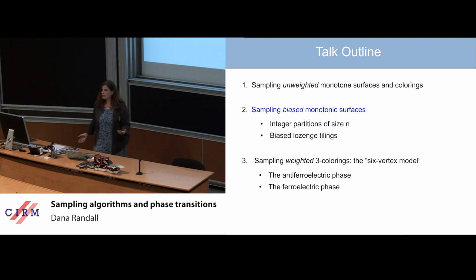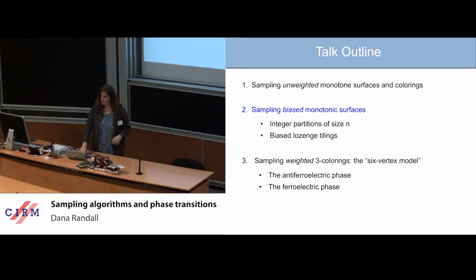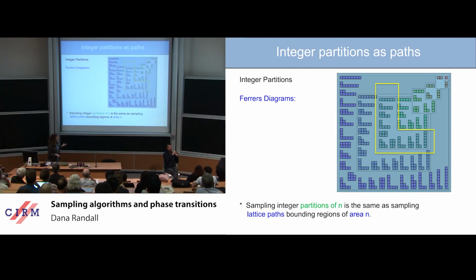And you could ask these same questions when you add bias, okay? So I'm going to explain what I mean by bias. But the reason that I'm looking at the biased question, I'm going to try to motivate with integer partitions. So going back to the beginning, I'm just reminding you that these are the Ferrers diagrams. All of these paths have an area, and I'm grouping them together according to the area underneath the curve.